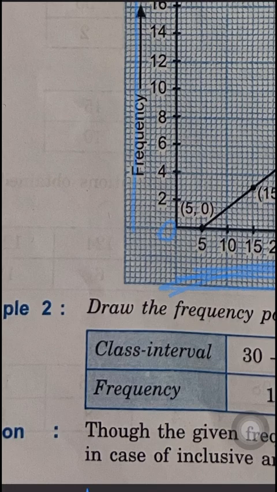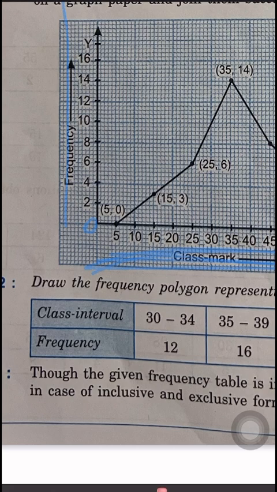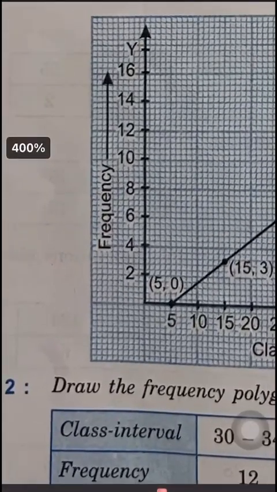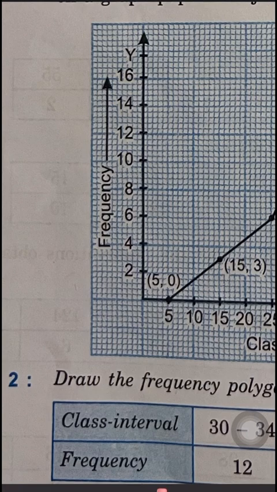So both for y and x axis, it's going to be 0. Then we have 5, 10, 15, 20 and it continues. And even the frequency is not taken over here as 0, 5, 10 and so on because the frequencies, so mostly if you see, are even numbers. So that's why they have taken as 0, 2, 4, 6, 8, 10 and so on.